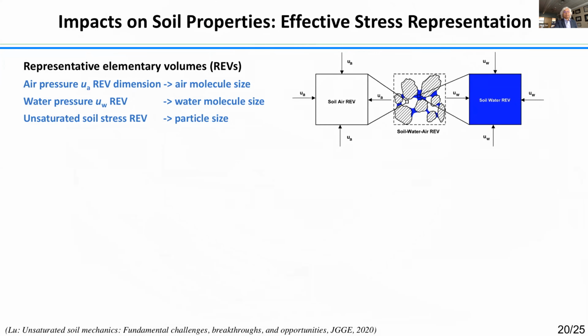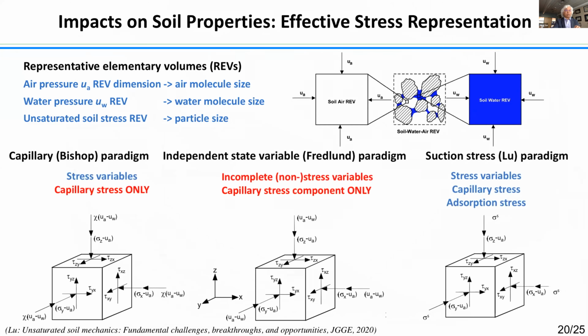Another very important topic, which I have been working on for a long time, is how we can unify the effective stress under both saturated and unsaturated conditions. Let me very quickly review the current paradigm. A common one is the so-called Bishop, which draws on the REV level of the stress.